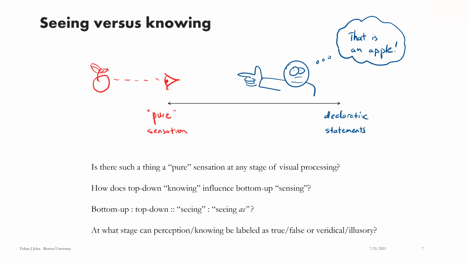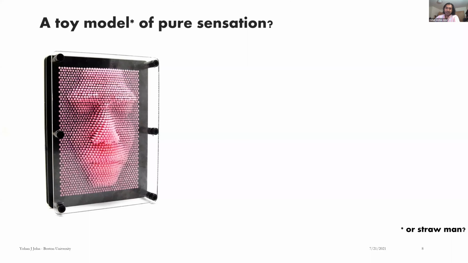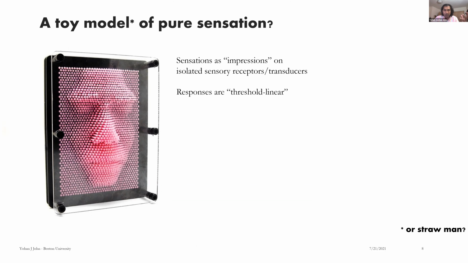Okay, so just to construct a little straw man for us to play with. I like to think of the level 0 idea of what pure sensation is using this toy. I don't know what exactly it's called, pin toy, pin frame toy, something like that, where you push your hand or something through it and it produces an impression.